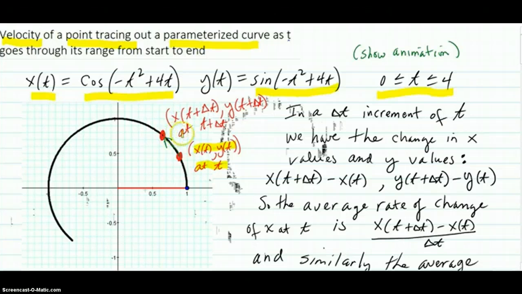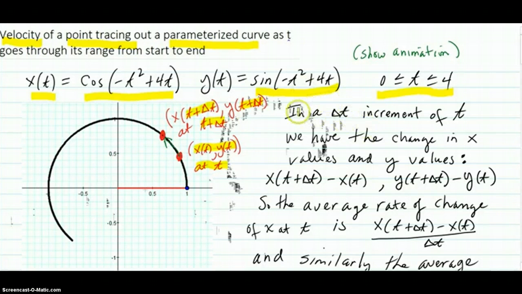Then as you move an increment of delta t to the next point, x of t plus delta t, y of t plus delta t, at the t moment of t plus delta t, then you have a change.